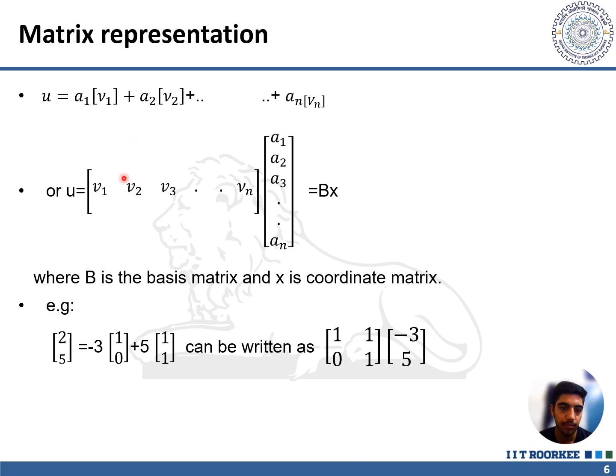For example, the vector that we used in the last example was 2, 5. In the basis (1, 1) and (0, 1), this linear combination can also be written as the multiplication of these two matrices. The first matrix is the basis matrix, in which the columns are the basis vectors, and the other matrix is the coordinate matrix.